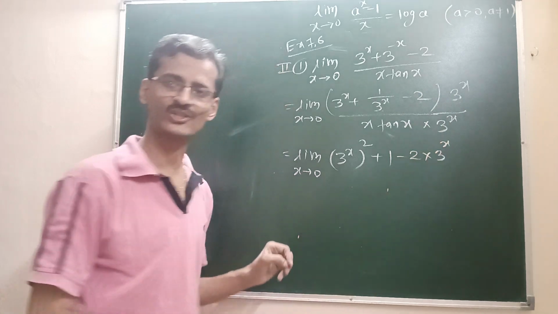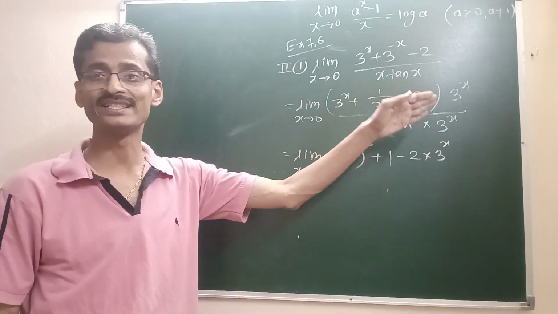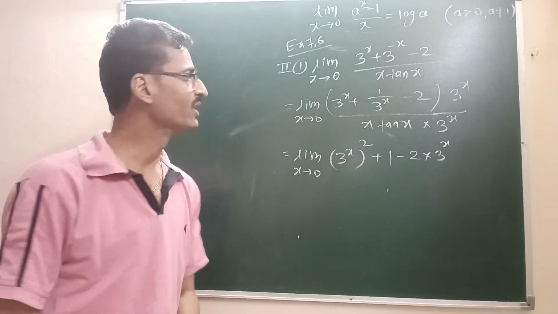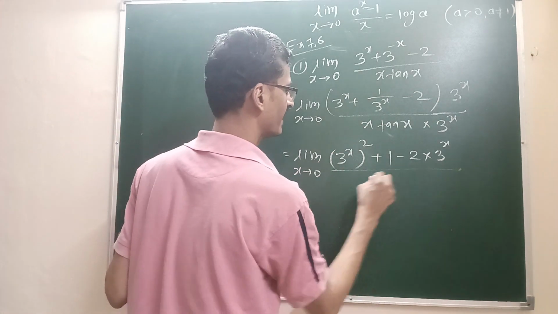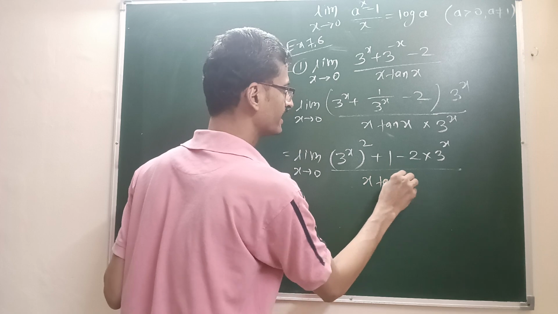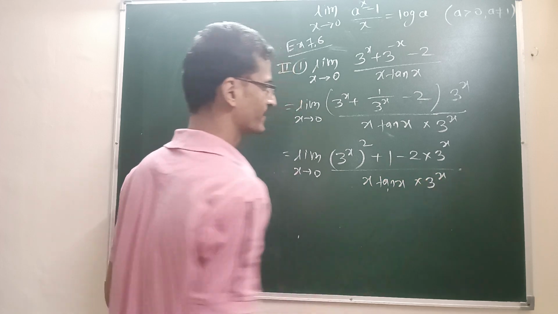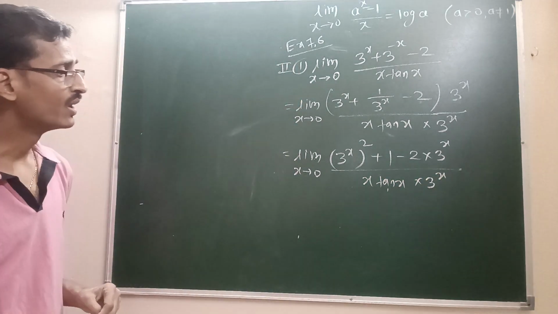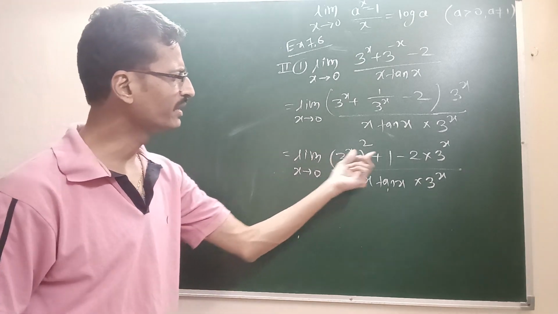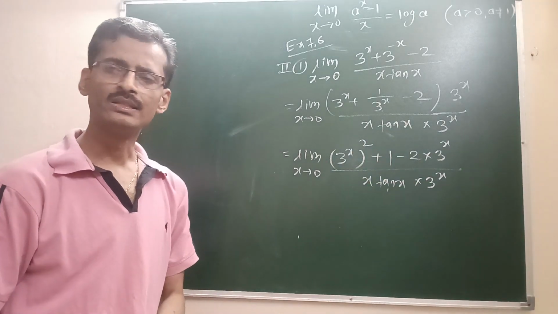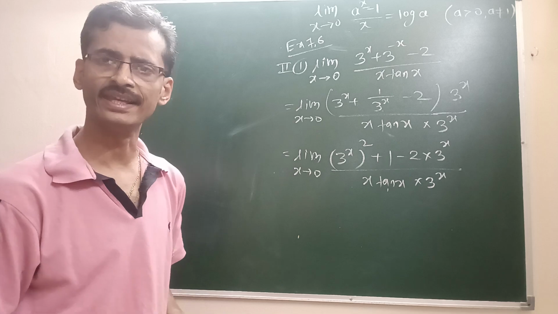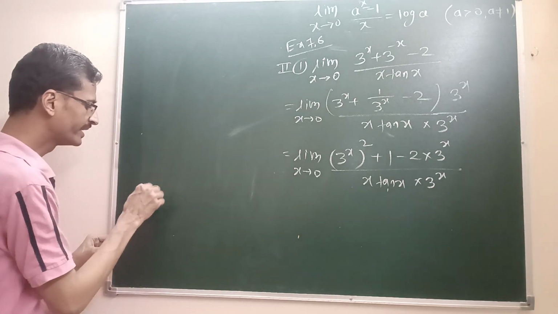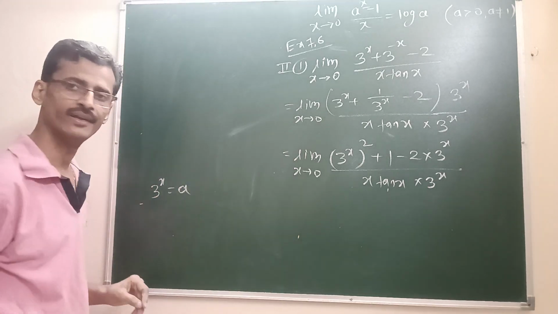Minus 2 into 3 raised to x. Don't write 6 raised to x, okay? 3 raised to x is there, into 2 is given, upon x tan x into 3 raised to x. Now, read this properly. Suppose this 3 raised to x is a. Put 3 raised to x equal to a.